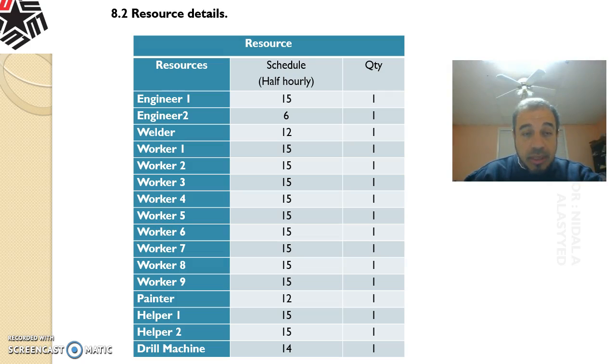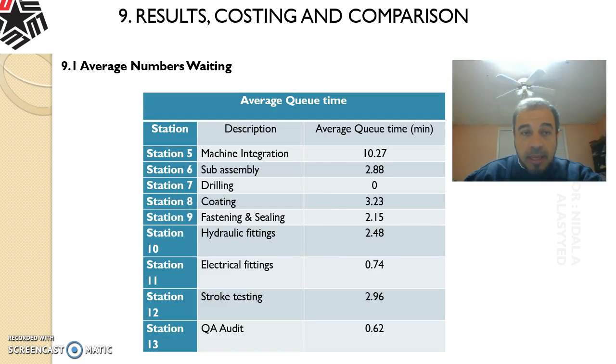Resource details: we have the whole team working on these, from engineers to welders to workers at different stations to painters to drill machines, and that will show us the scheduled time. It's almost similar timing, within a difference of 5% from one station to another. Here's the average number waiting, and we've seen on each station, going from one station to another, creating a queue, and the average wait or queue time, as we studied in the Arena course this semester.